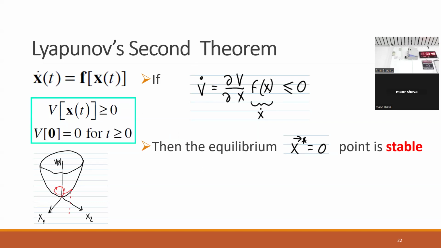And one more thing is that if V is greater than 0 for a certain region, and V dot is smaller than 0 in this region, then the equilibrium will be asymptotically stable within this region. So everything that starts within this specific region will end up at the origin.